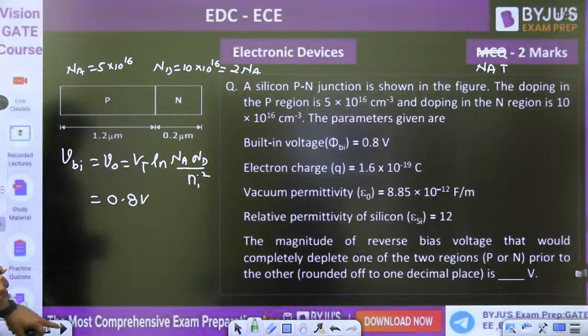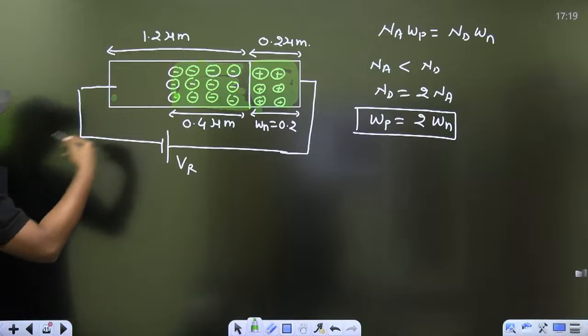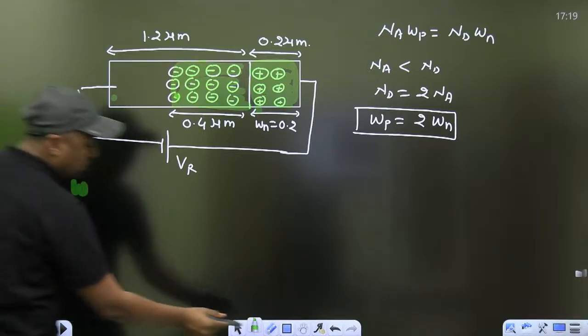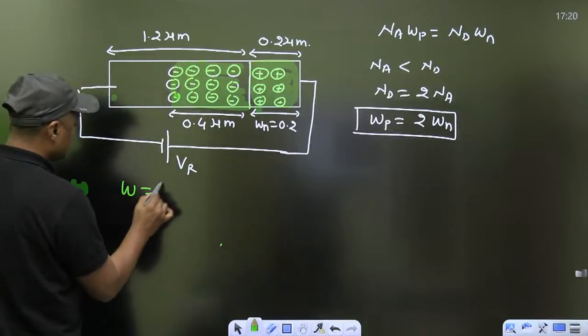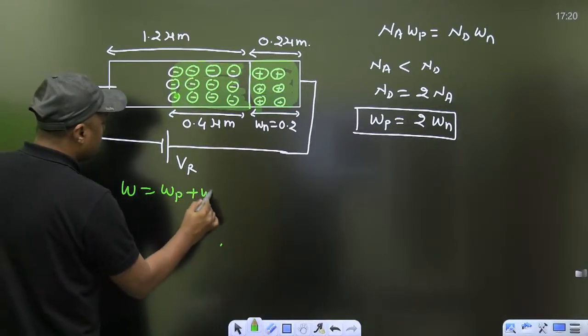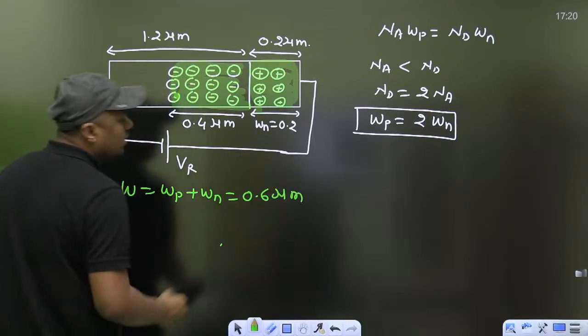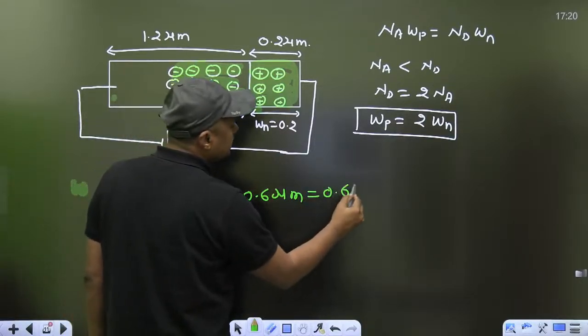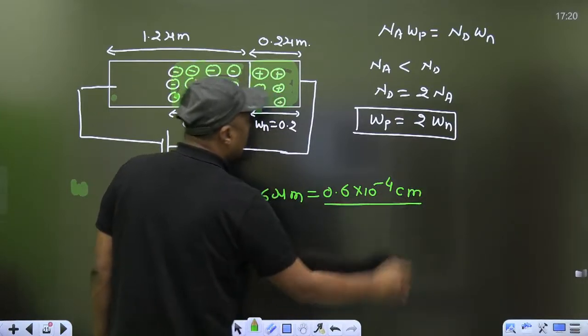Now, we have the total depletion width. What is the total depletion width here? Wp plus Wn is equal to 0.6 micrometer, or 0.6 into 10 raised to power minus 4 centimeter. Okay.